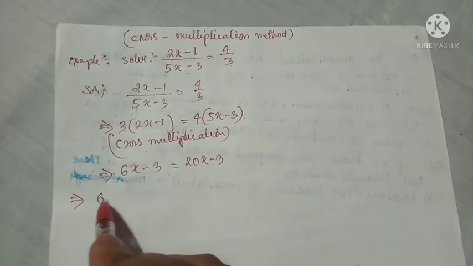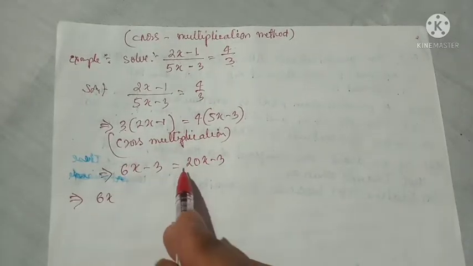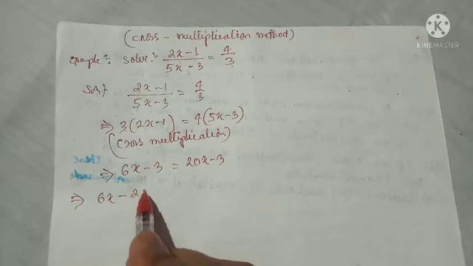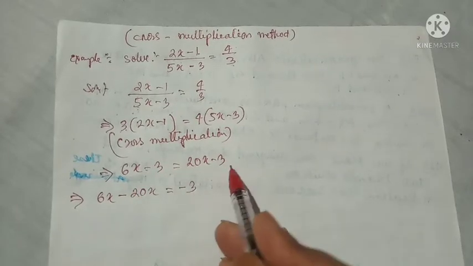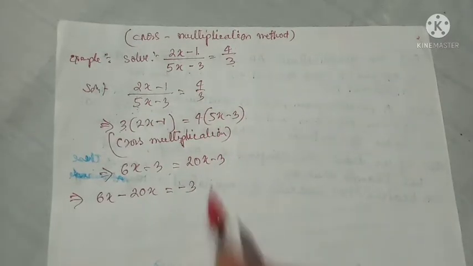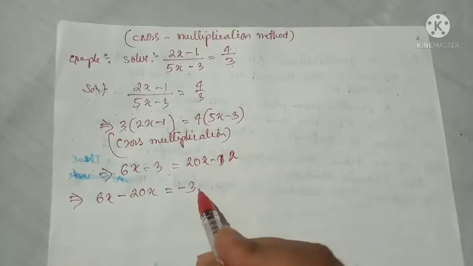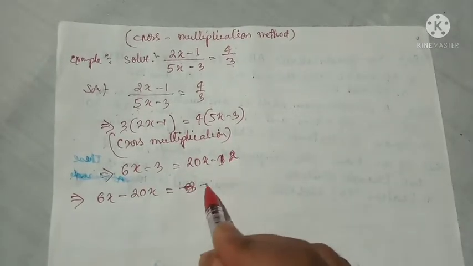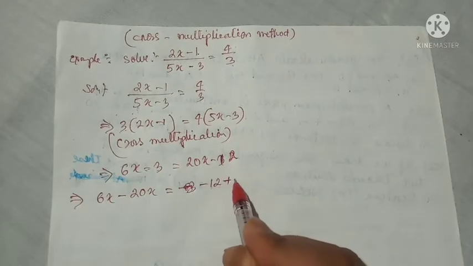Now 6x; if you transfer 20x to the left hand side, it becomes minus 20x. Minus 3, if you take it to this side, becomes plus 3. Here it is minus 12. If you transfer this side, it becomes plus 3 because here it is minus.